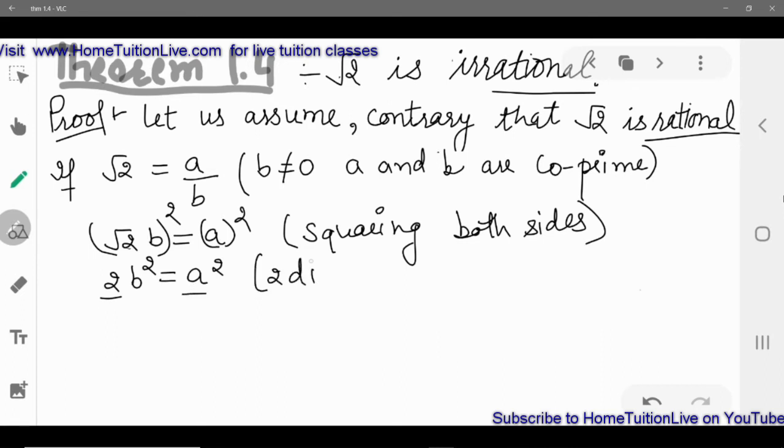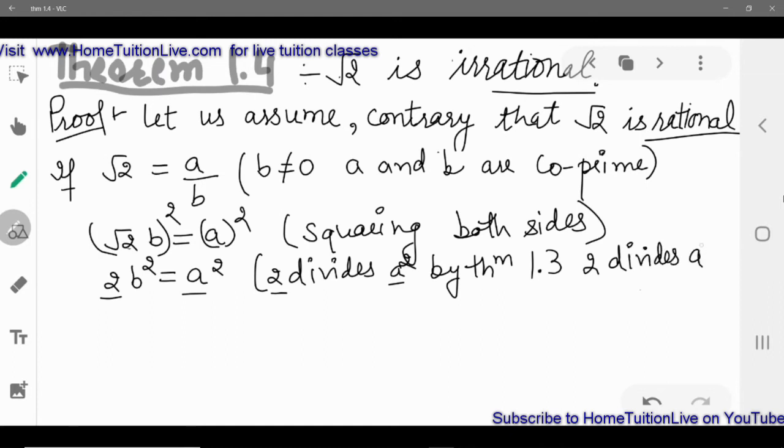By Theorem 1.3, if 2 divides a square, then 2 divides a. So here you can also see that 2 is a factor of a.